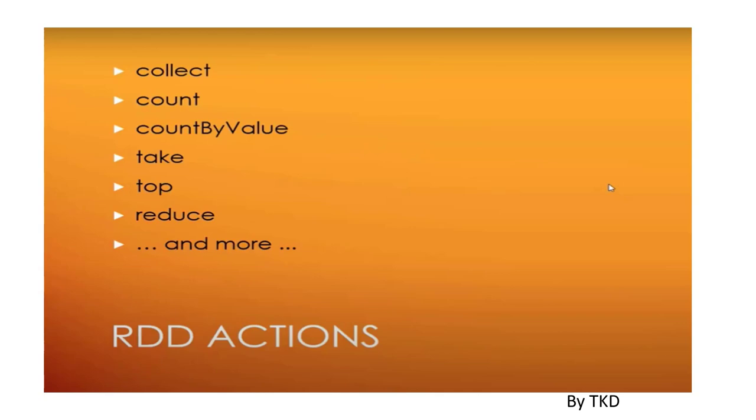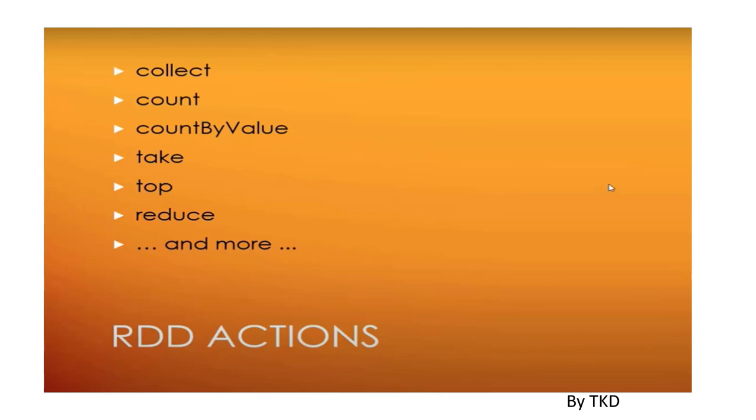Some of the other examples: say you want to count how many records are in an RDD. Also countByValue. It looks up the unique values in your RDD, one for each row, and gives you back a count of how many times each value appears.